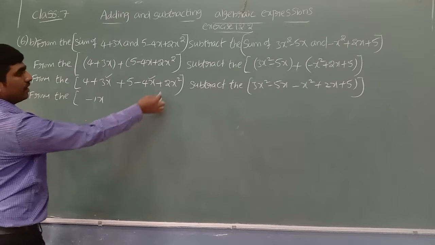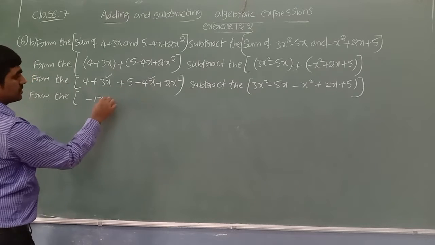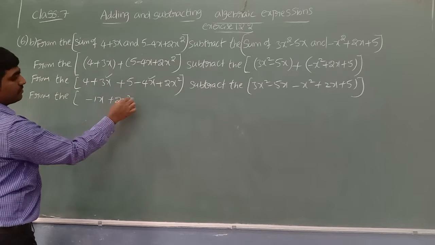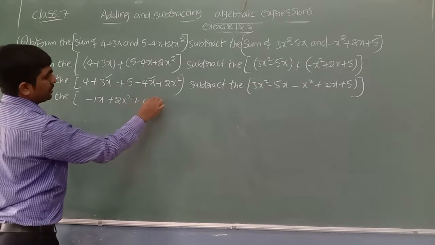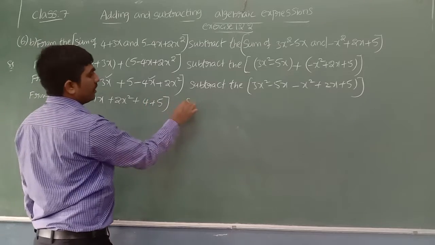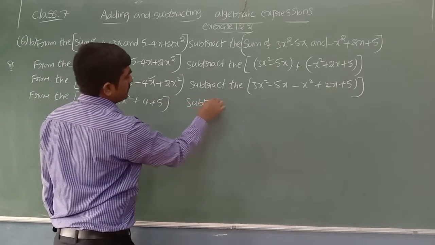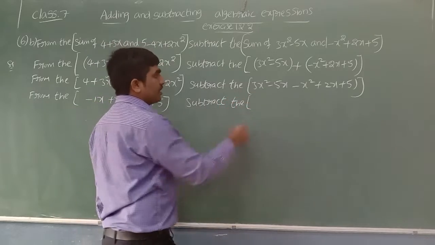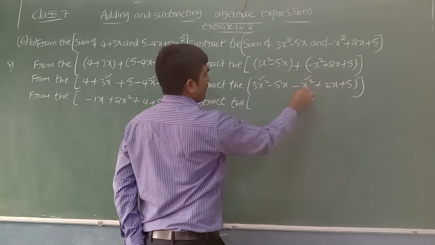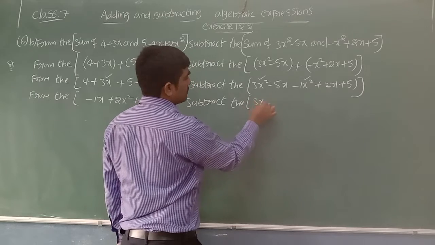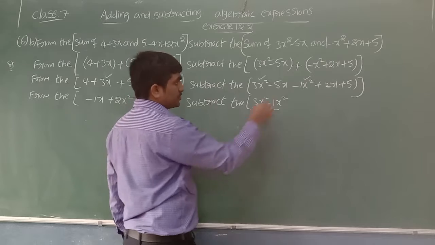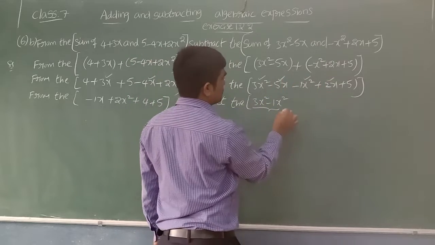Any more like terms? No like terms. Plus 2x square, and constants plus 4 plus 5. Next, in the second part you can see, subtract: the like terms are 3x power 2 minus 1x power 2. Both are like terms, together minus 1x power 2. Now more like term groups: minus 5x plus 2x.